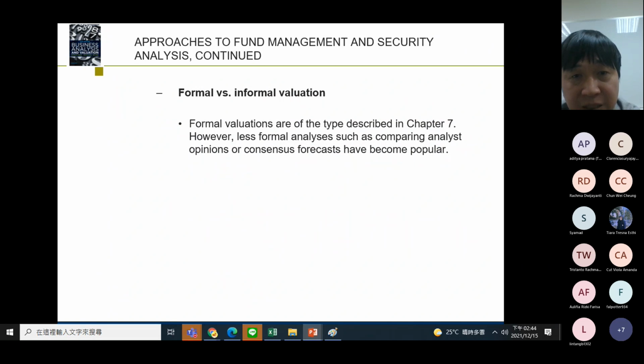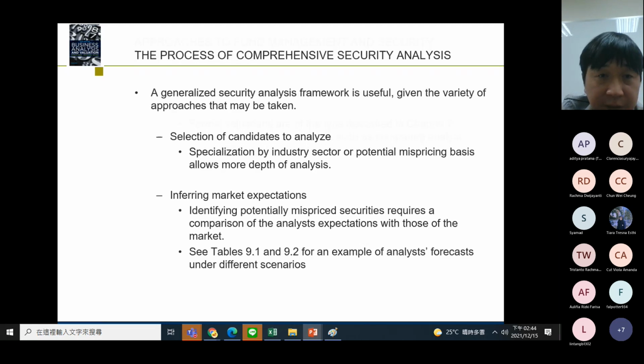Formal versus informal variation. Formal variation is of the type described in Chapter 7. However, less formal analysis, such as comparing analyst opinions or consensus forecasts, has become popular.